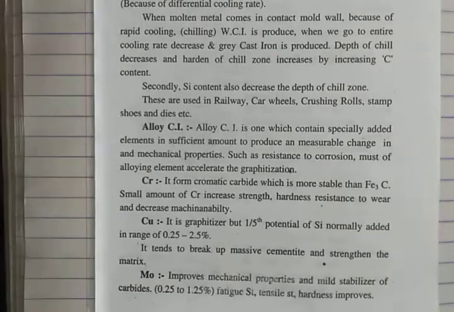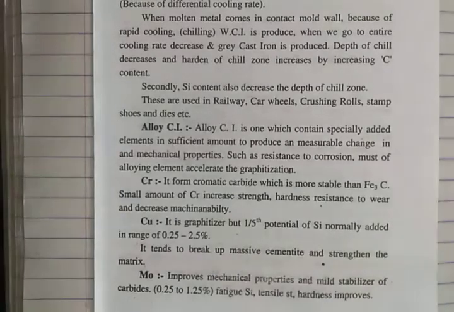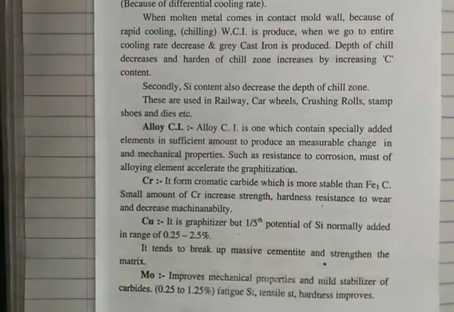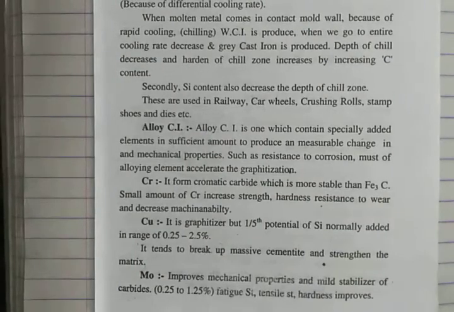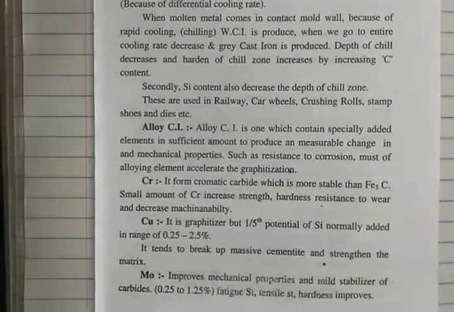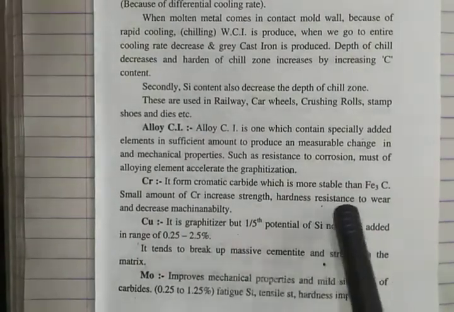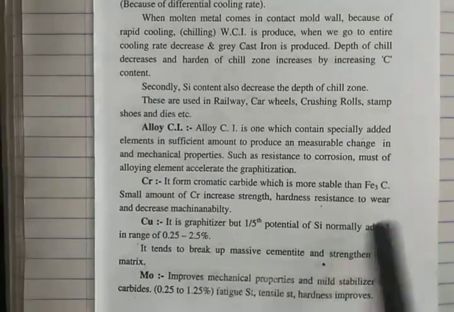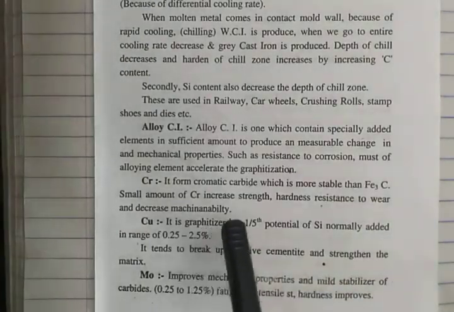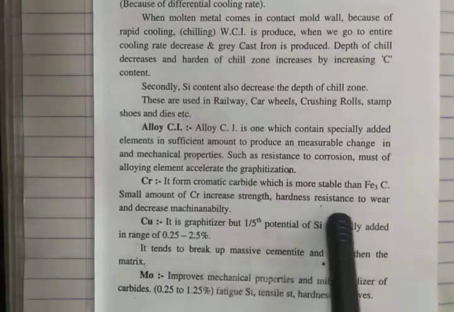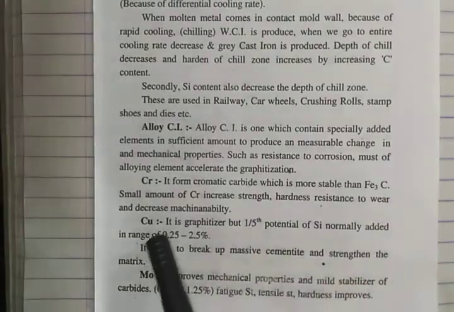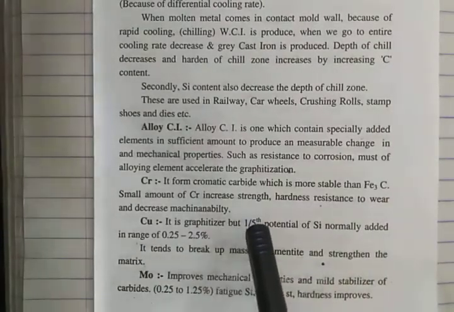Most of the alloying elements accelerate graphitization. Chromium forms chromium carbide, which is more stable than Fe3C. A small amount of chromium increases the strength, hardness, and resistance to wear, and decreases the machinability.